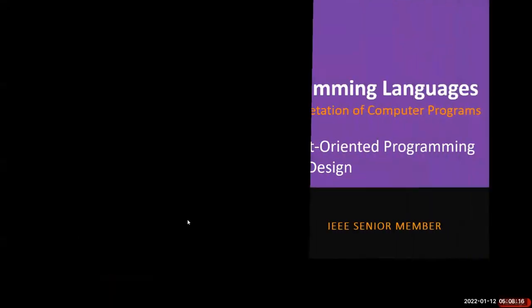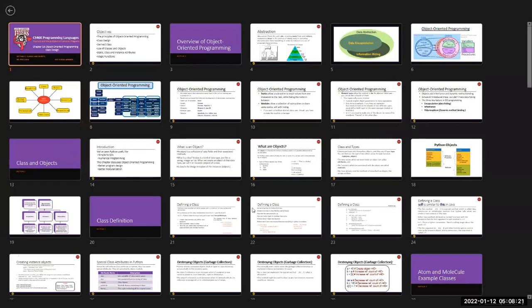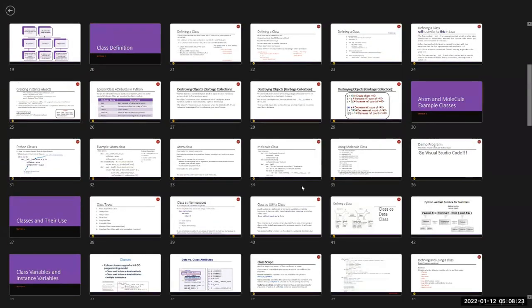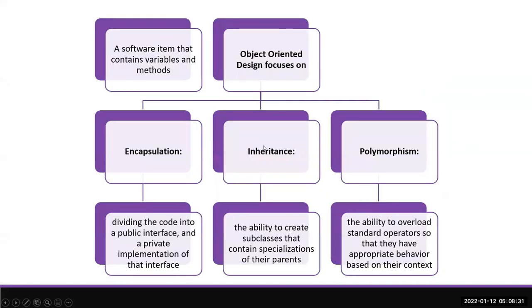So each object will have some attributes and properties and some methods. In object-oriented programming, our main topic would be encapsulation. Encapsulation is putting your data and the methods into a class, including the private data and public methods.